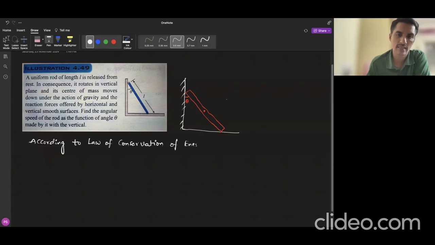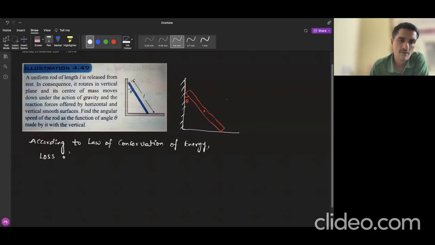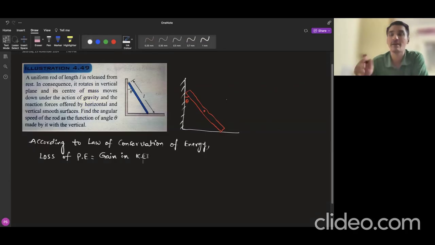Usually, yes, it is losing the potential energy, and because of loss of potential energy, it is gaining some kinetic energy. Am I right or not? So according to the law of conservation of energy, we can say that loss of potential energy is equal to gain in kinetic energy. With respect to what here, this is important.